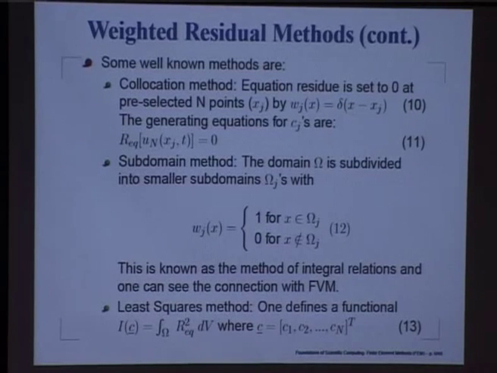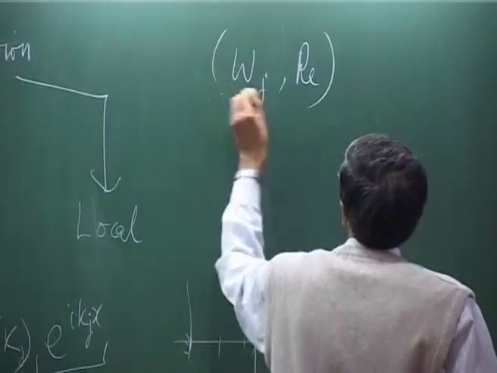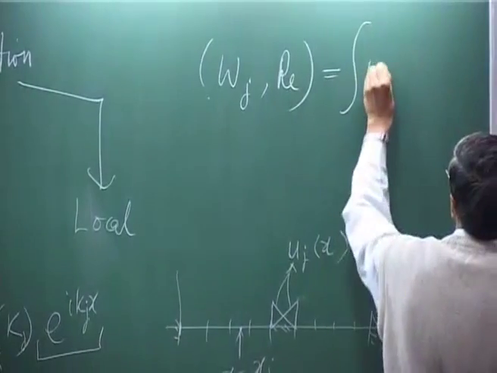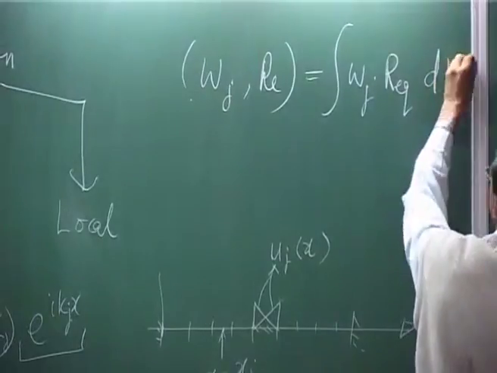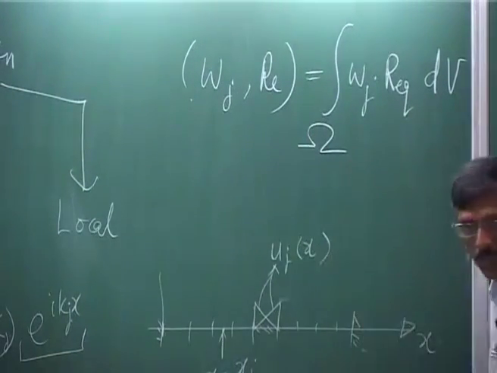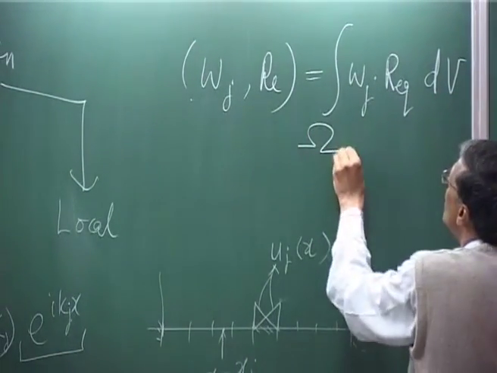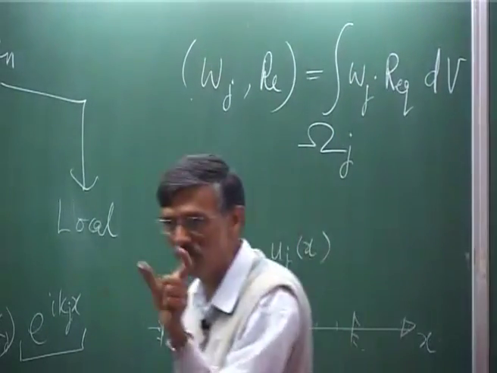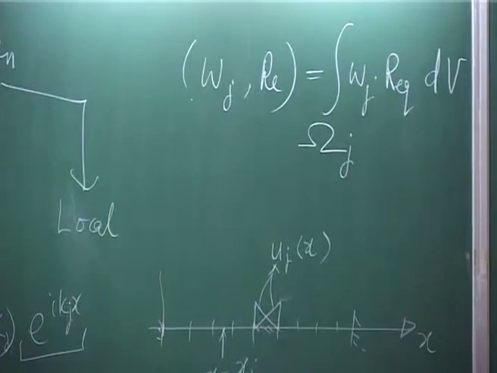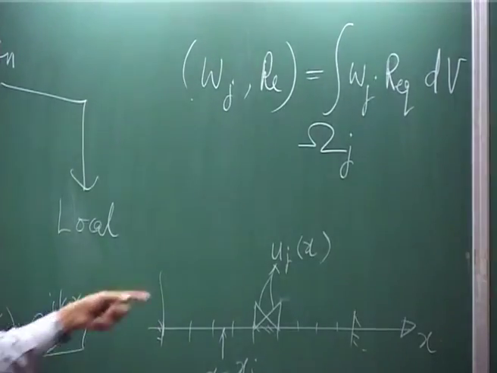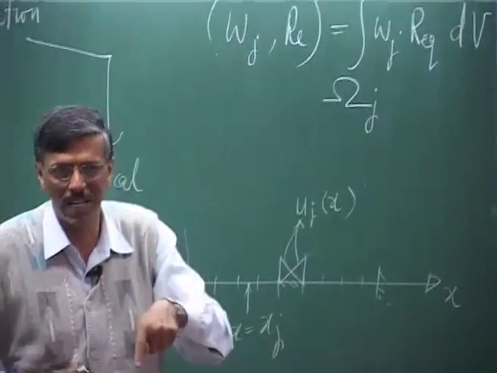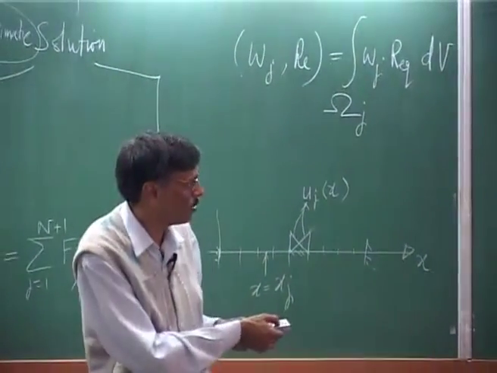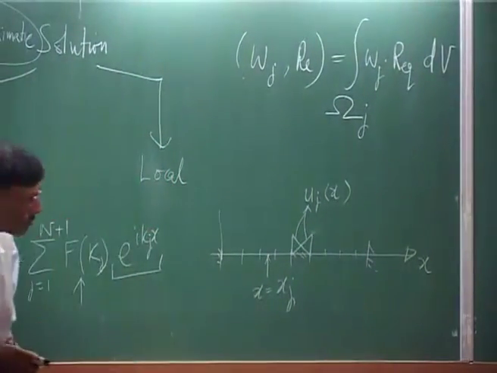Recall that wj times R is integrated over the whole domain; now, in the subdomain method, I will do it only over that particular subdomain. That means I am putting wj equal to 0 everywhere else, and that is what we have given here in equation 1.